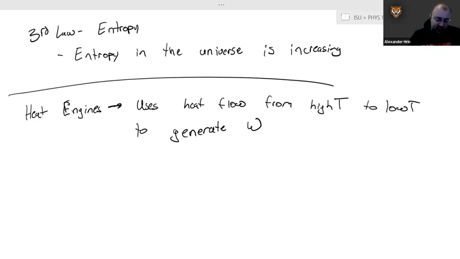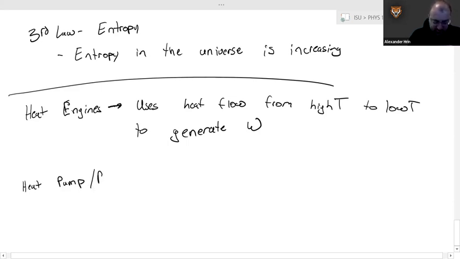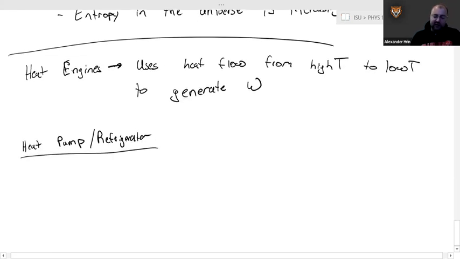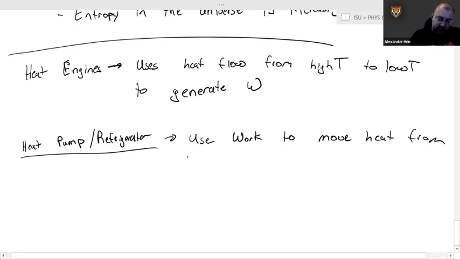Now another thermodynamic device that comes up in the study of this is a heat pump or refrigerator. These are doing something similar, but the way they're measured is slightly different. Basically, these use work to move heat from low T to high T. That is fundamentally what a heat pump is doing.